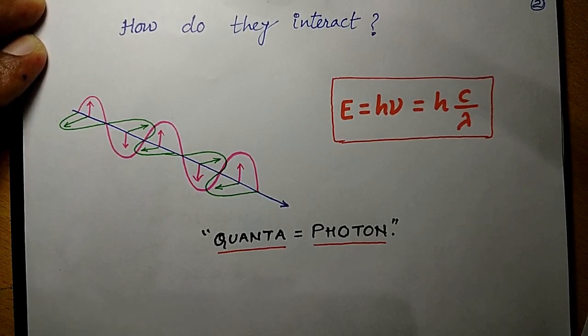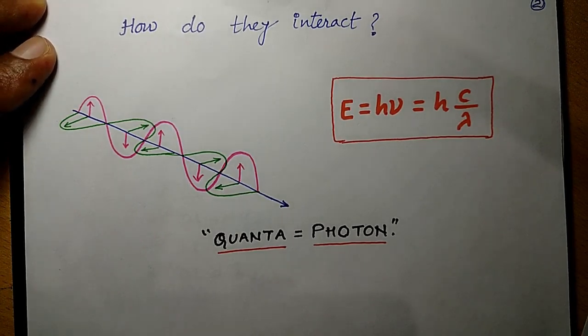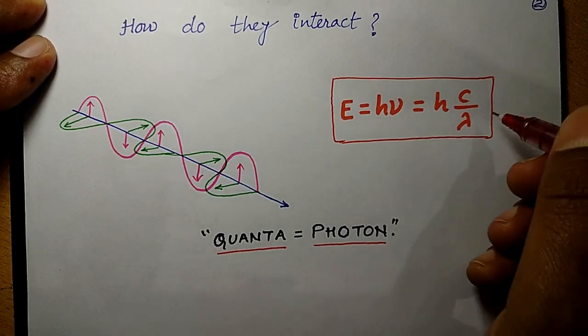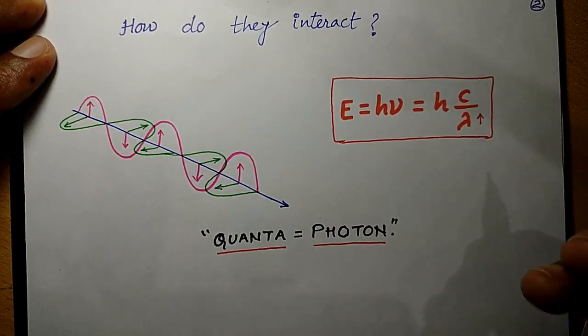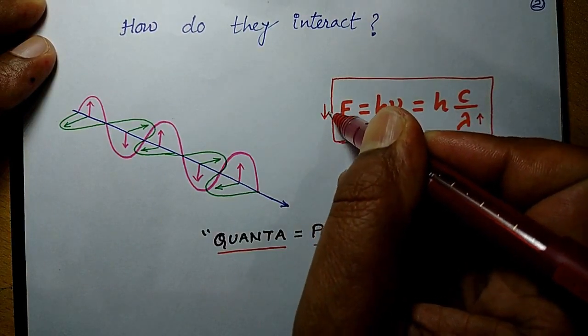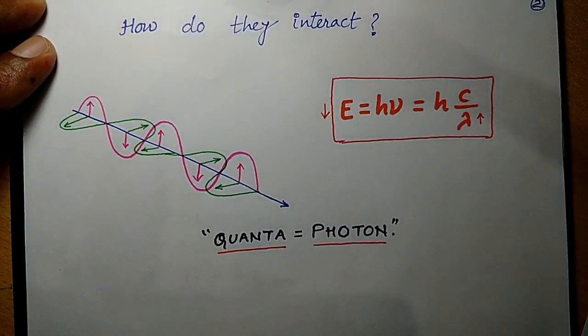So this equation suggests that higher the value of lambda, lower will be the energy of radiation, and vice versa. Or we can say higher the value of frequency nu, higher will be the energy of radiation.